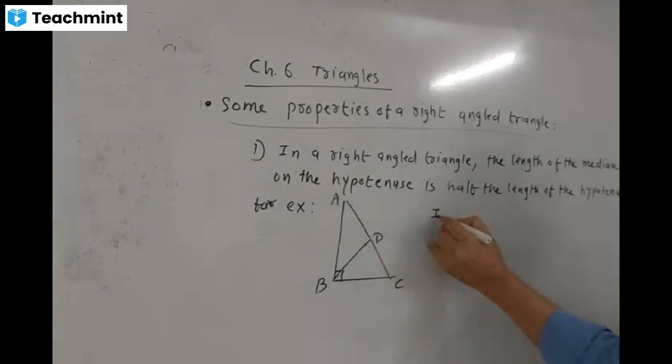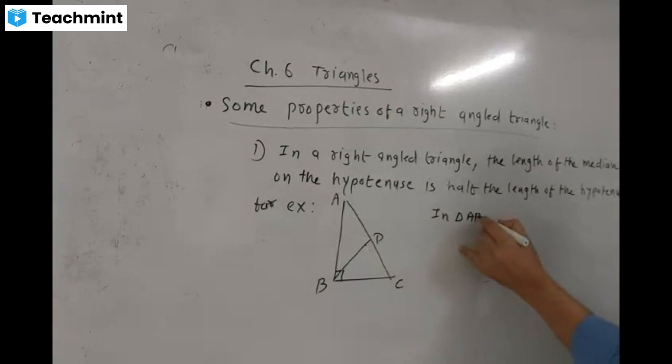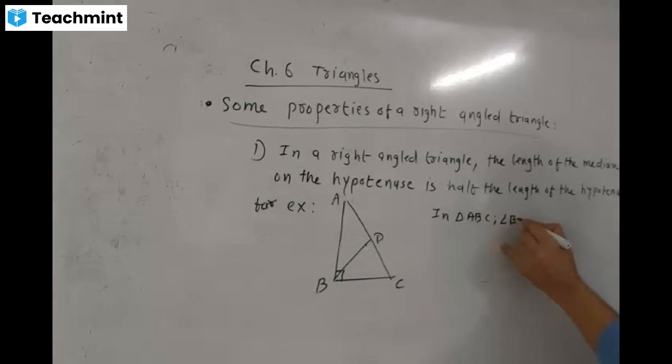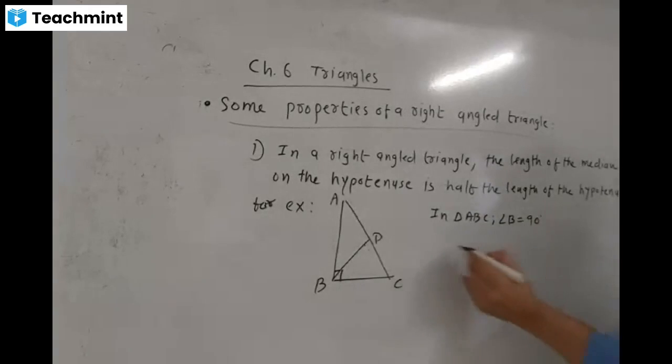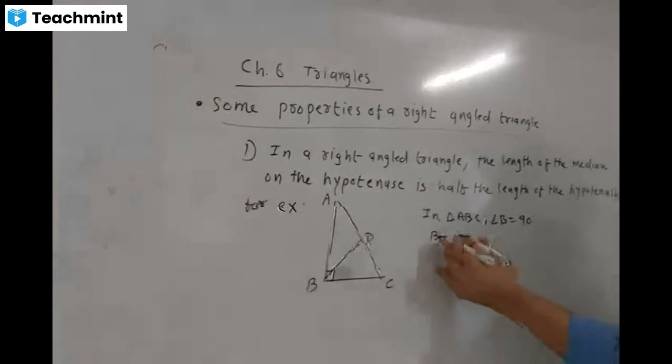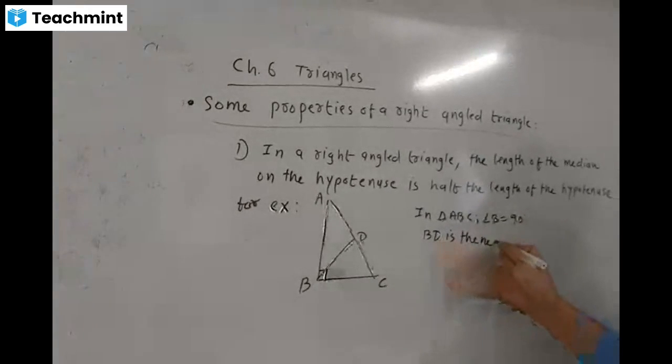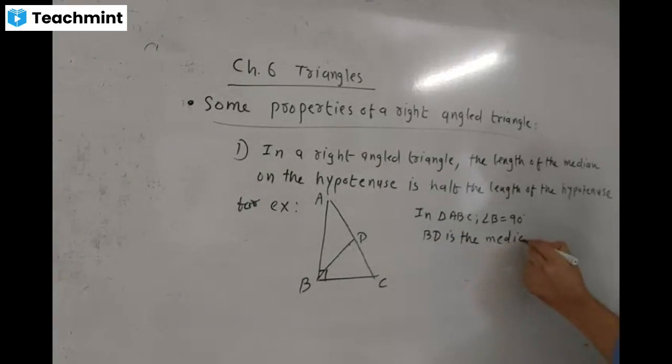In triangle ABC, angle B is equal to 90 degrees. BD is the median on the hypotenuse.